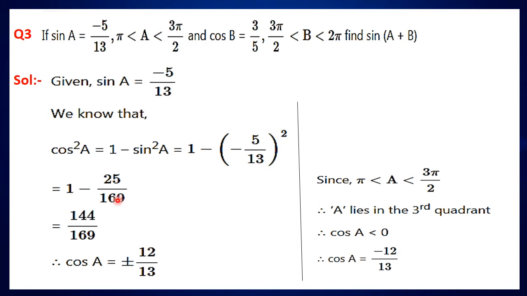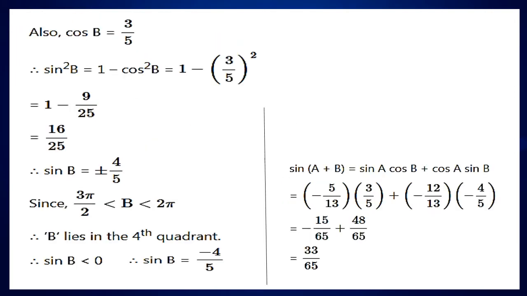After simplification, we will get 144 upon 169, and it is cos square A. So, we take the square root on both sides, we will get cos A is equal to plus or minus 12 upon 13. And we have the condition A lies in the third quadrant, and in the third quadrant cos theta is negative. So here cos A less than 0. So we have to choose the negative value from this. So cos A is equal to minus 12 upon 13.